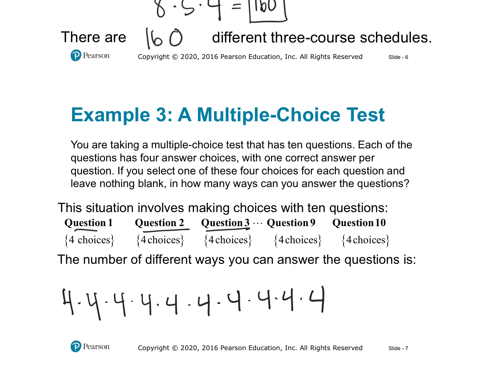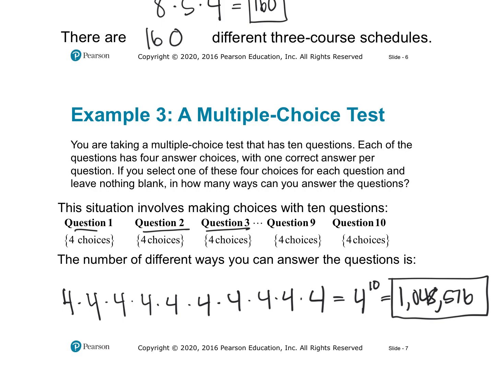So for each question, you're going to have that multiplication. So that's also equivalent to 4 to the 10th power. So if you put that in your calculator, you get 1,048,576 ways you could answer the questions. That's a lot.